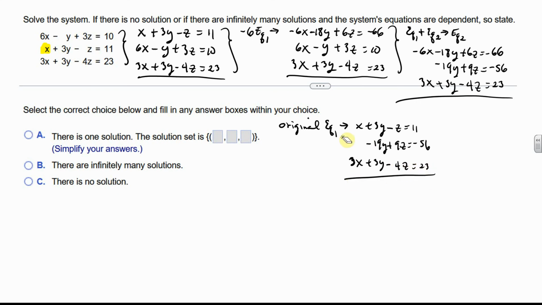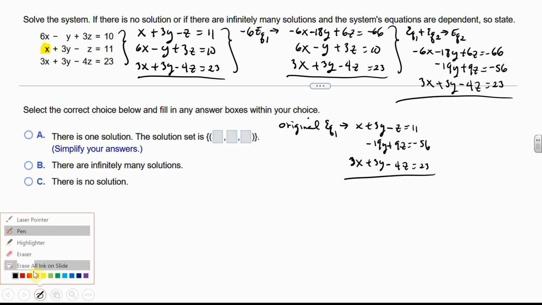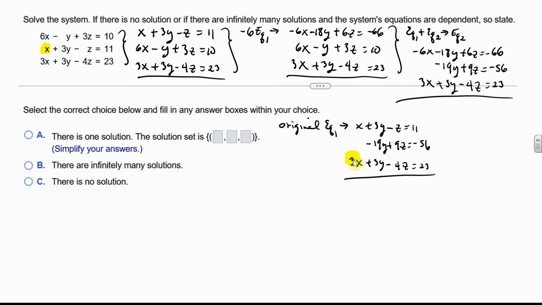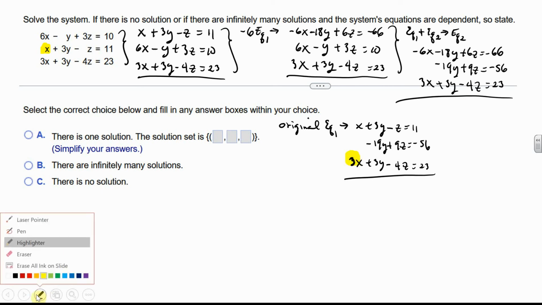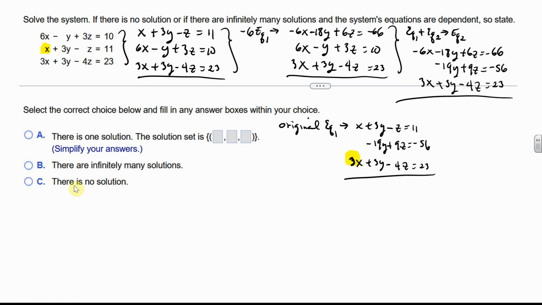Now I'm going to multiply equation 1 by negative 3, because my goal is to cancel this one out. So negative 3 times equation 1 is negative 3x minus 9y plus 3z equal to negative 33.